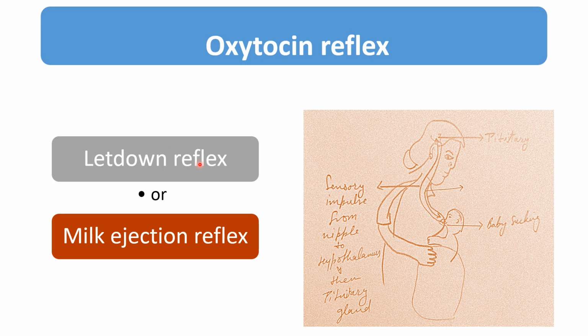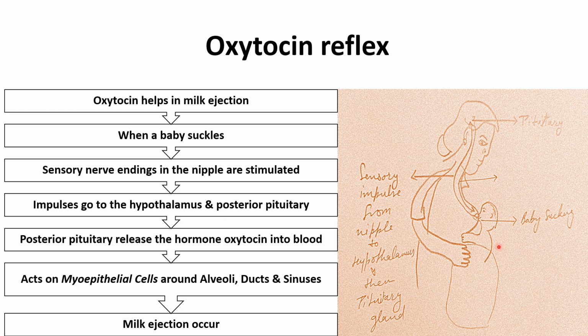The oxytocin reflex is also known as the letdown or milk ejection reflex. Here in this image you can see that whenever the baby is sucking, the sensory nerve endings in the nipple are stimulated and the impulse goes to the hypothalamus and posterior pituitary. The posterior pituitary releases the hormone oxytocin into the blood, and this hormone acts on the myoepithelial cells which surround the alveoli, duct and sinus.